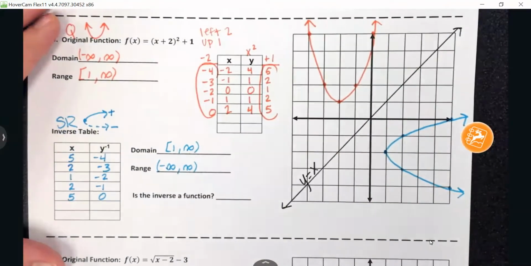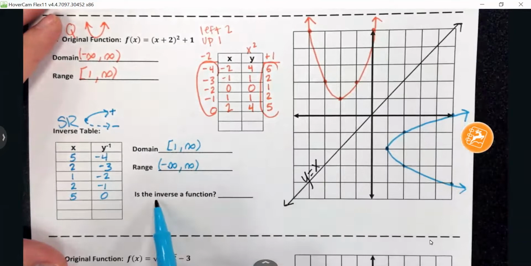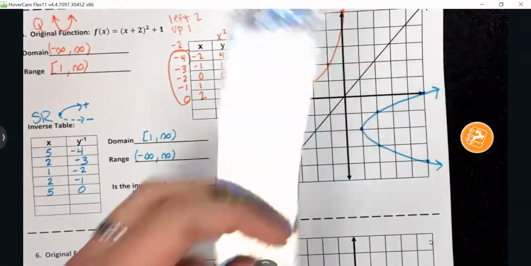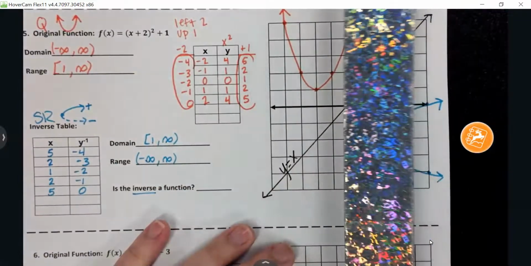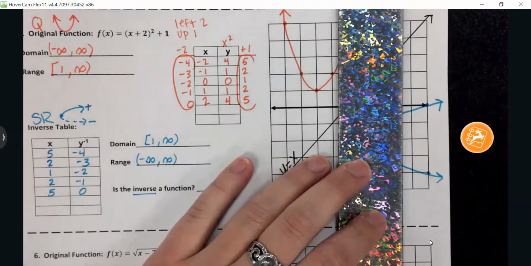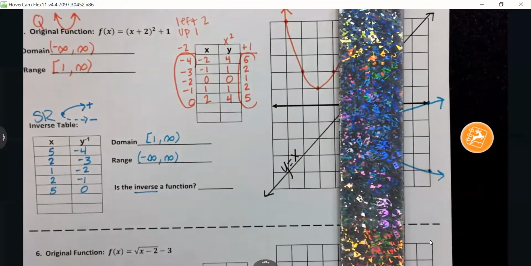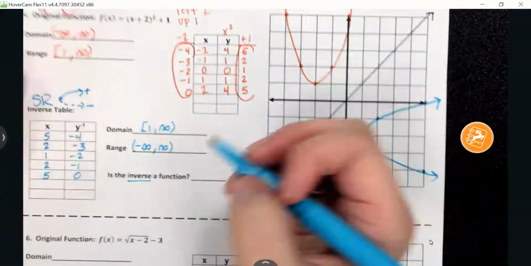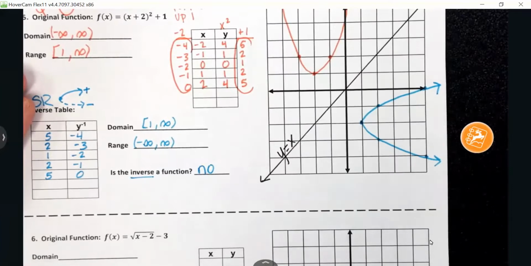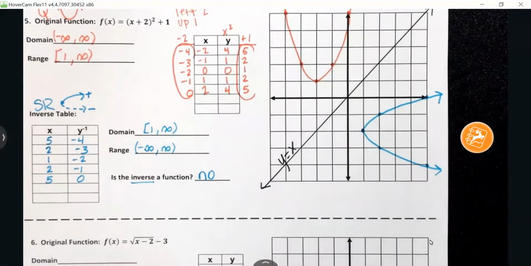Okay. So my vertical line test is the inverse. My blue graph, is it a function? If I hold a straight line up and down, how many times does the blue touch that straight line? 2 times. So is it a function? No. Okay, so if you say any number besides 1, the answer is no. It is not a function.